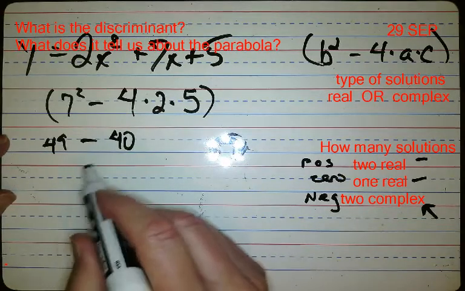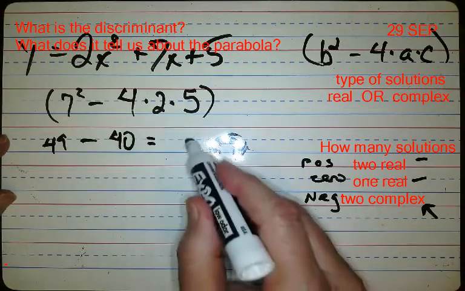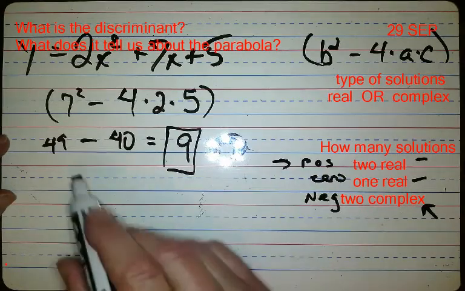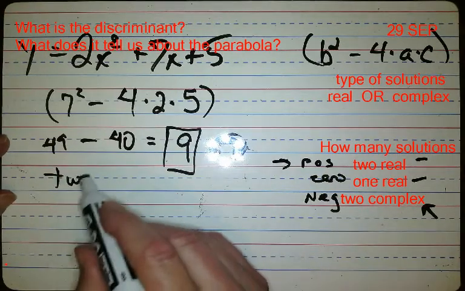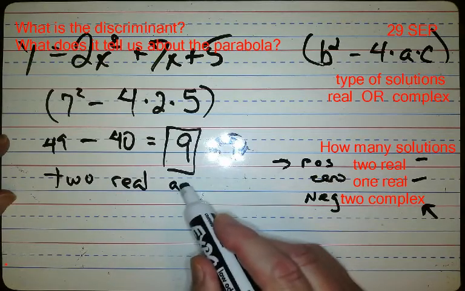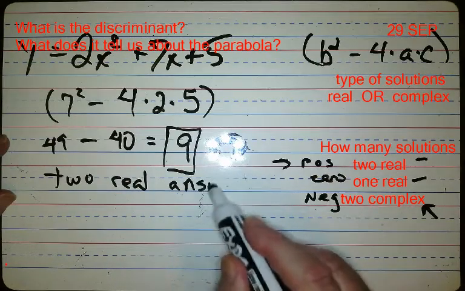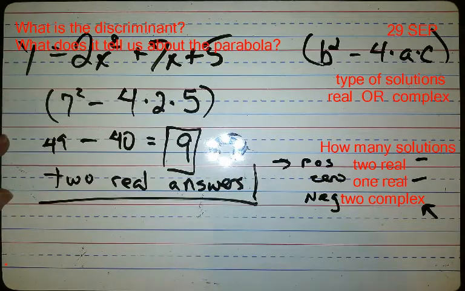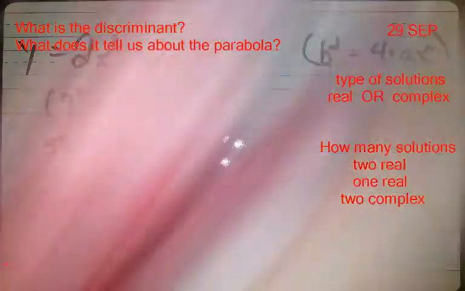Woohoo! So this number comes out to be 9. Positive 9 means that this one has 2 real answers. That's all you have to do today. You just have to decide how many answers there are. 2 real answers. Yay!